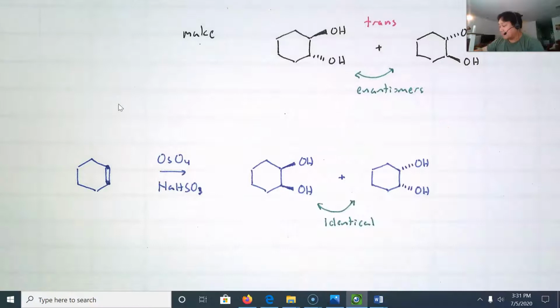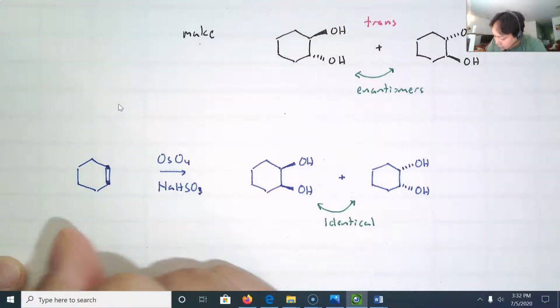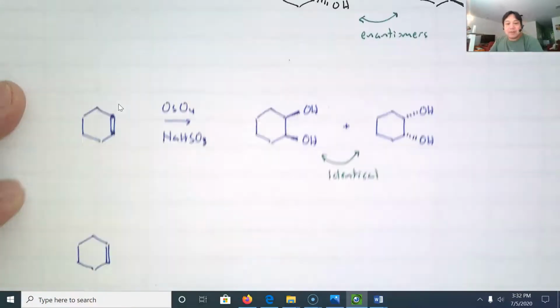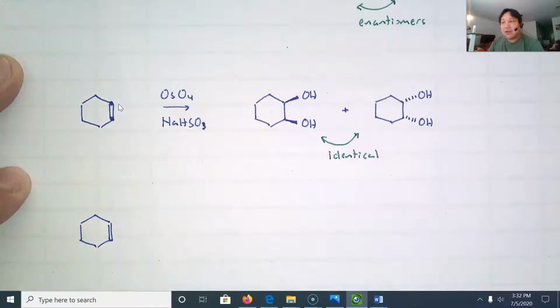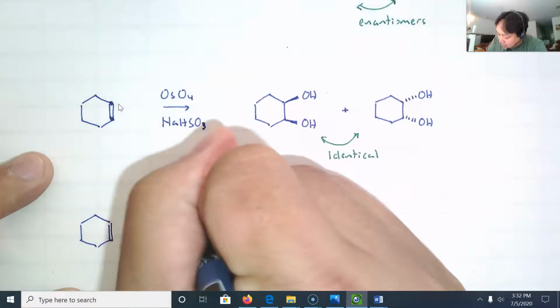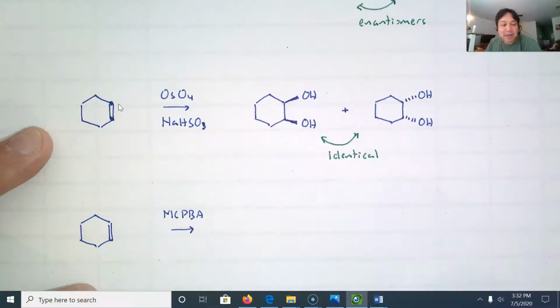But what about the trans version? What about the trans version? Well, we're going to use an epoxide strategy, and I'm going to use MCPBA. Sometimes that M is lowercase, but it really doesn't matter.